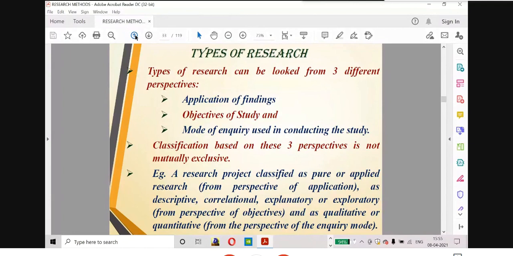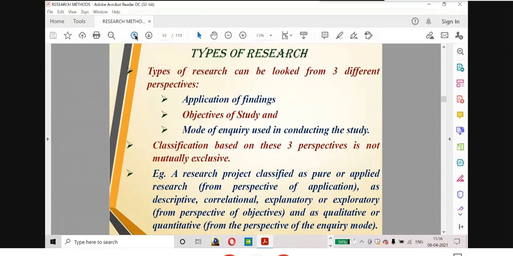One is based upon the application of your findings. Then, based upon the objectives of your study. And thirdly, based upon the mode of inquiry you have used in conducting the study. So you have done the research, but what is the basis? Have you carried out your research so as to have certain application for the solution to the problem?